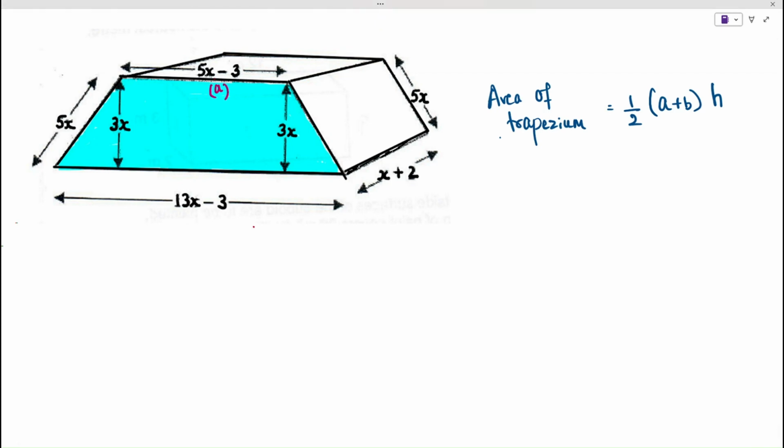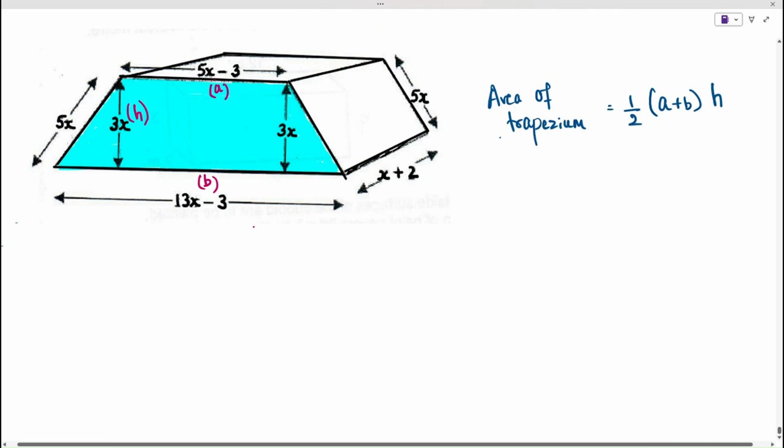In this case, A is at the top and B is at the bottom, and H is the height of our trapezium. With the lengths that we have, we substitute into our equation.